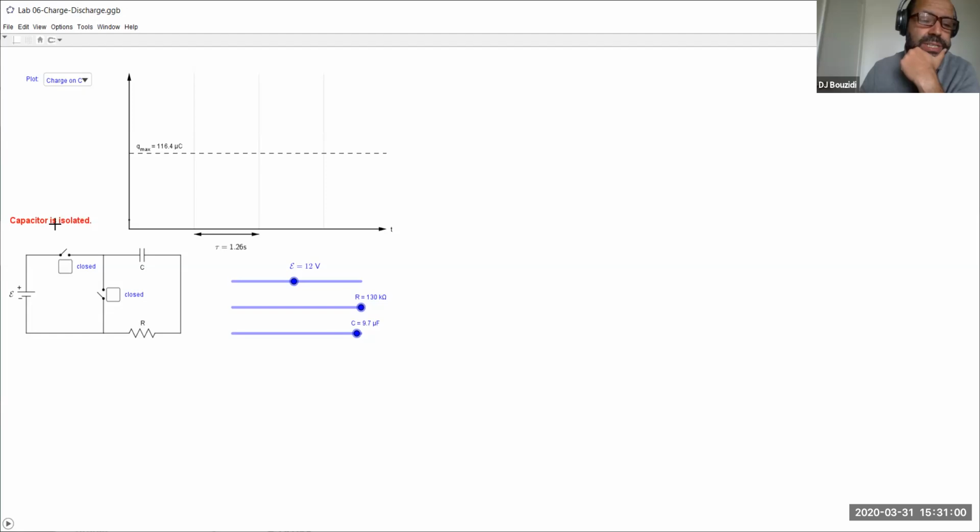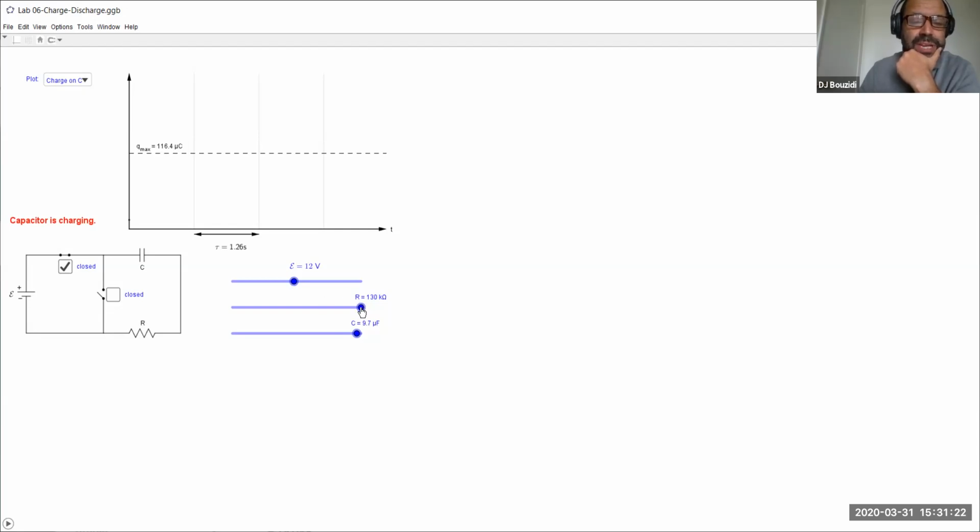Do you guys see that? Right now, the capacitor is isolated because it's not connected to anything. This is open, this is open, so there is no current running right now. And if I close it, the current is going to be charging the capacitor, comes through the capacitor, comes to the resistor, and goes back to the battery.